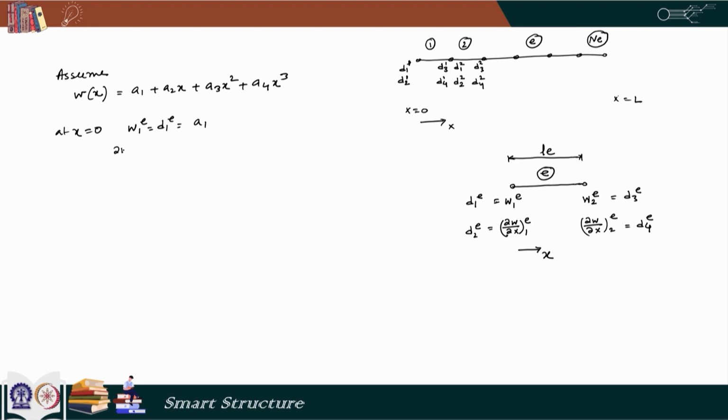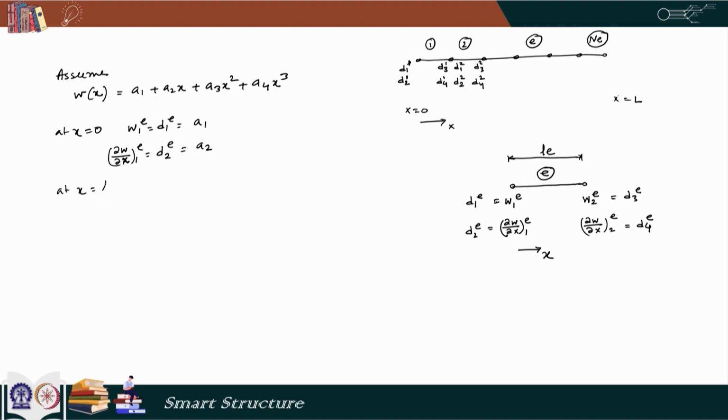Then at that same node del W by del x is D2e, which is equal to A2, because if I differentiate it once with respect to x, I get just A2, and the rest of the terms are x terms, so after finding the derivative these terms vanish and I am left with only A2.